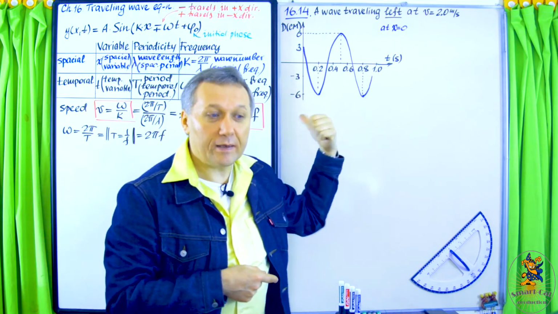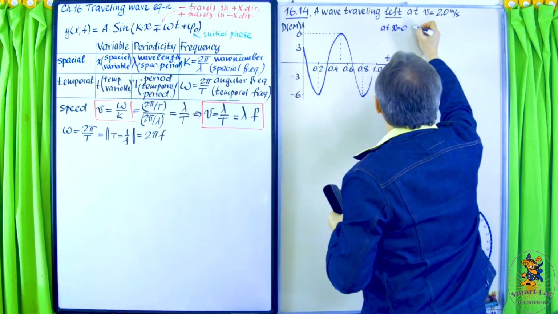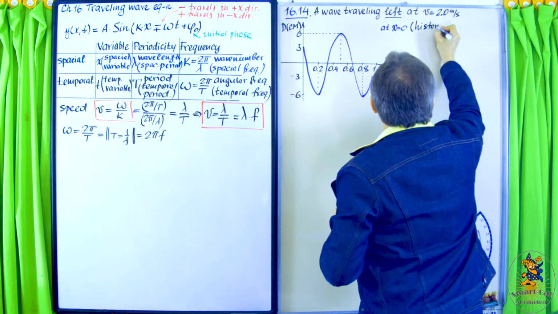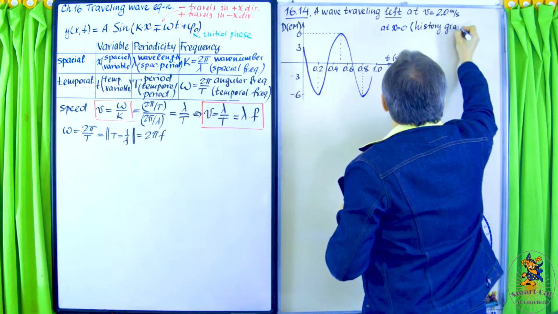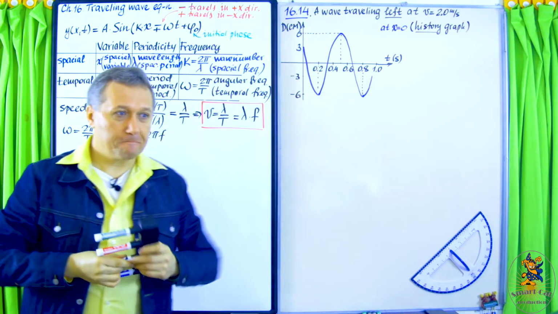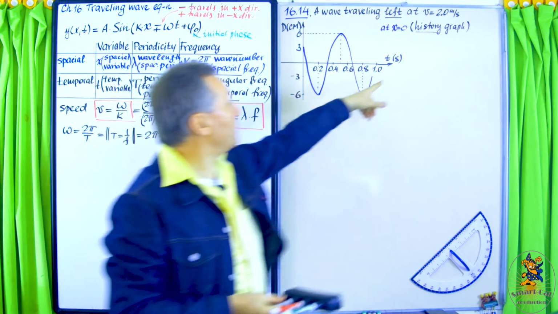So this is called a history graph. Okay, let me write that down. So it's a history graph, right? And so what else? Pretty much, time is in seconds.